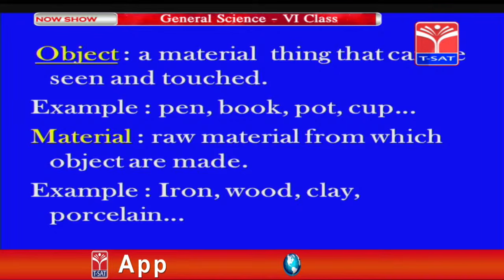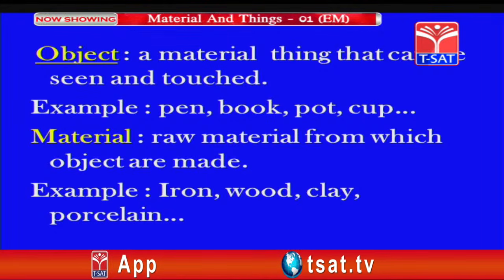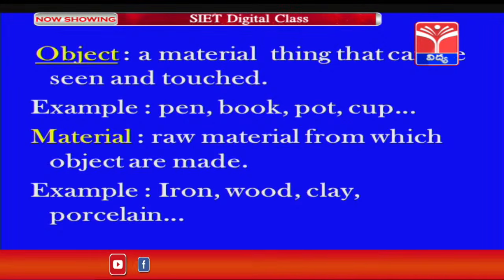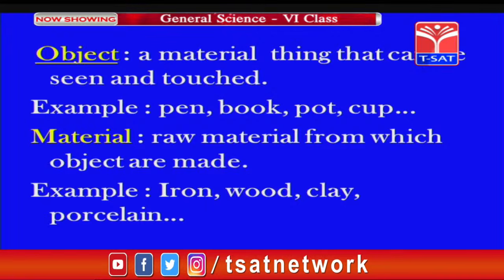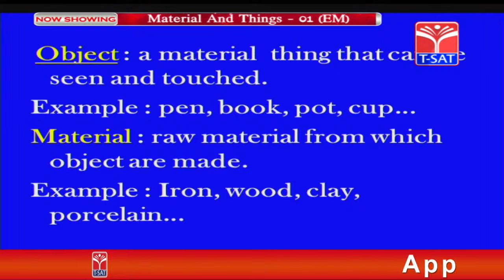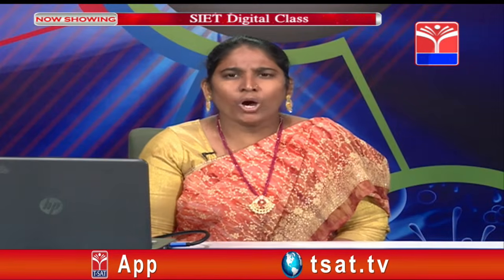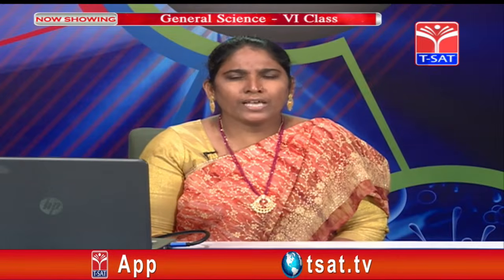So iron is a material from which many objects have been made. Now, you see the wood. Do you have wooden furniture at your house, children? Example of material. Similarly, we have clay and porcelain material. So, am I clear, children, on the difference between the object and a material? For example, chair.